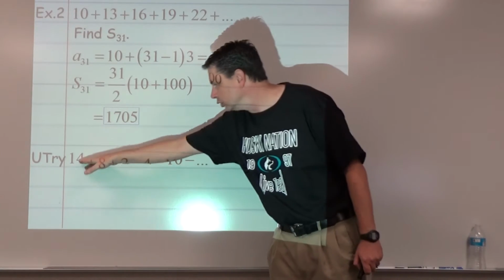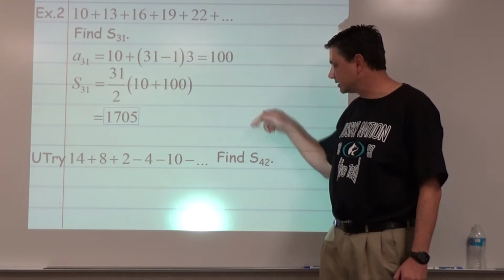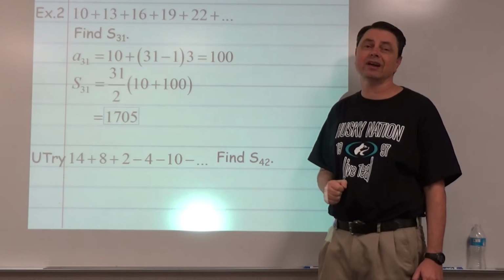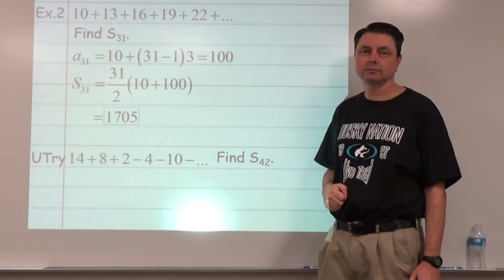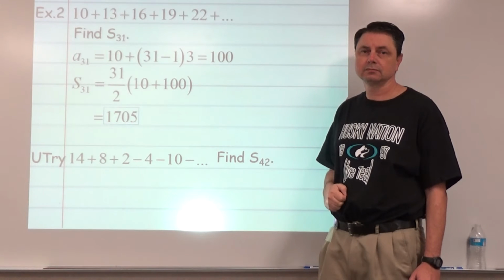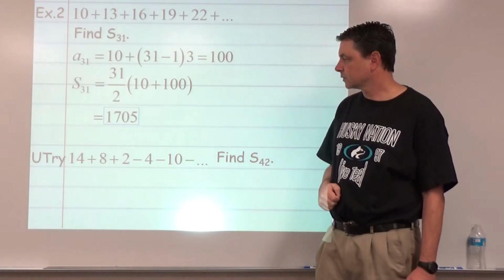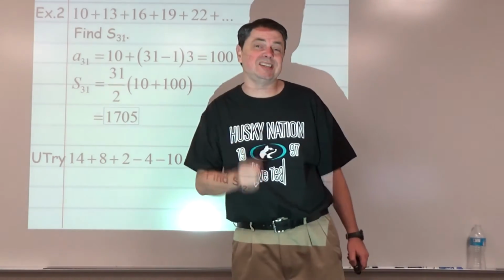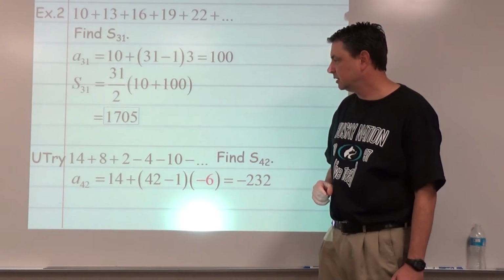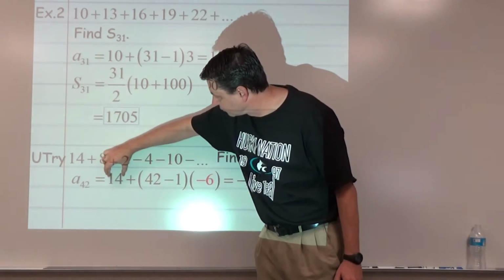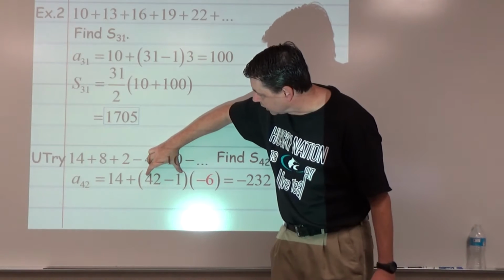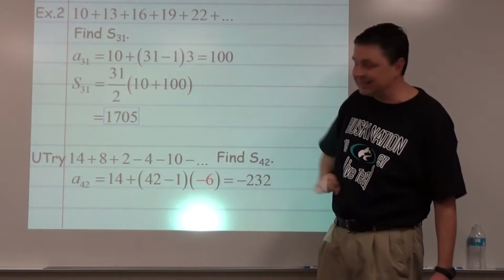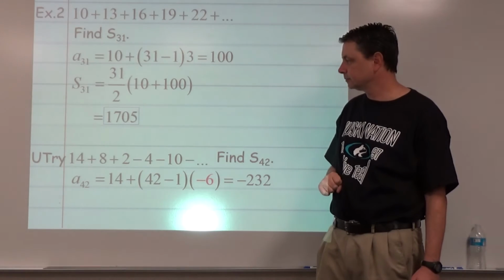All right. You try this one. Find the sum of the first 42 terms. Pause the video here as you work it out. All right. So the challenge here, as you can see, it's going down by 6 each time, so d is negative 6. a sub 42 is 14 plus 41 times that d of negative 6, and we would get negative 232.